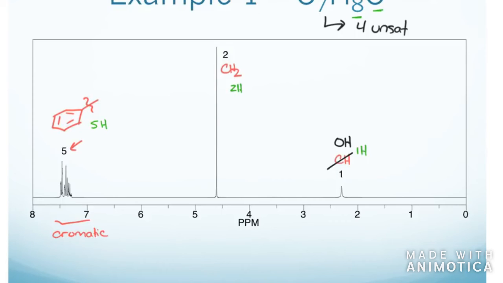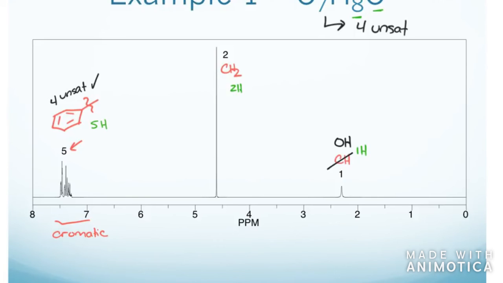And if that's the case, now we have the right number of carbons, hydrogen, and oxygen. Also, our aromatic ring here has 1 ring and 3 double bonds. That's our 4 unsaturations. So that's taken care of.